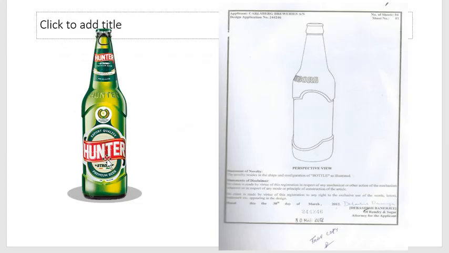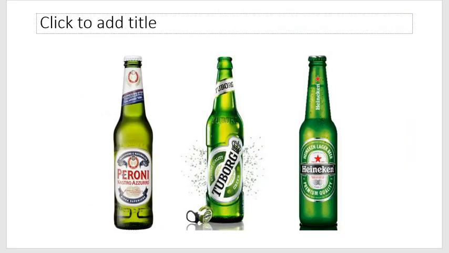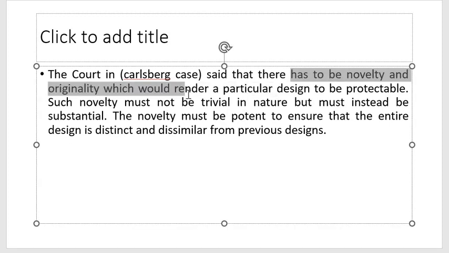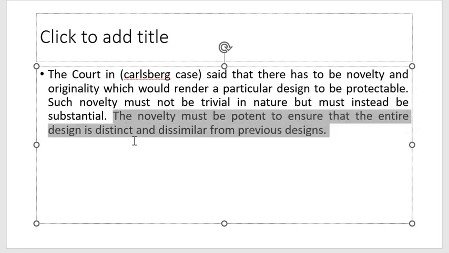The functional nature is that you can hold the bottle properly and use it. All these are for those purposes, and this is just another bottle, nothing new, no new shape, no differences. So the court said that there has to be novelty and originality. Novelty must be potent to ensure that the entire design is distinct or dissimilar from previous designs.